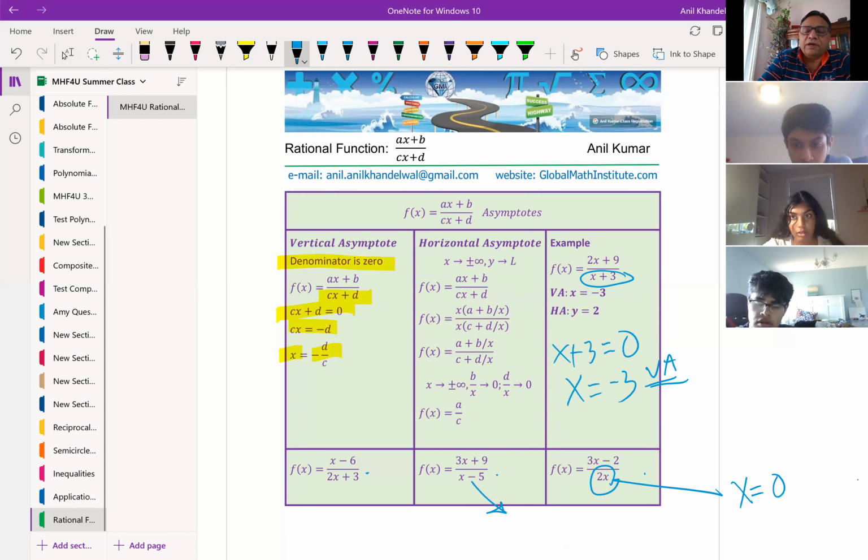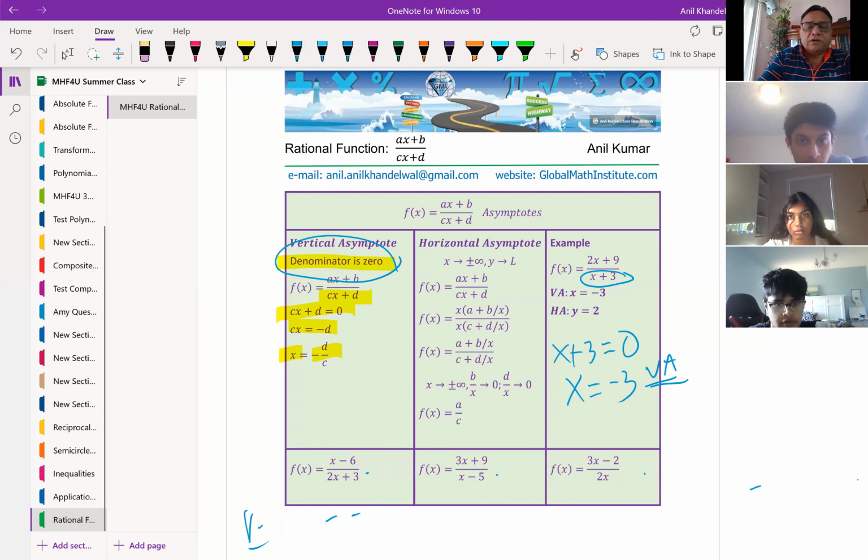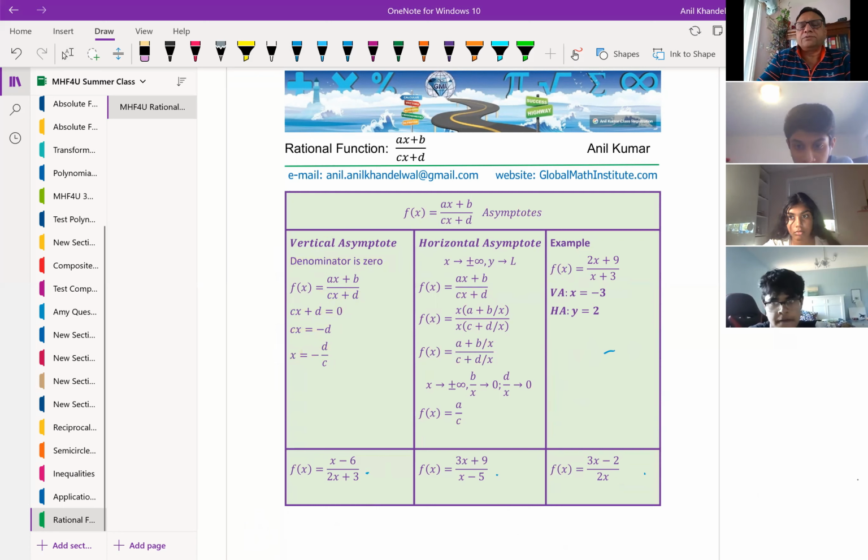In this other case, the vertical asymptote is x equals minus 3 over 2, correct? So we got the vertical asymptote easily just by putting the denominator to 0. Is this clear to everyone? Basically, we are going in such a simple way to understand this function so that you don't have any difficulty in times to come.